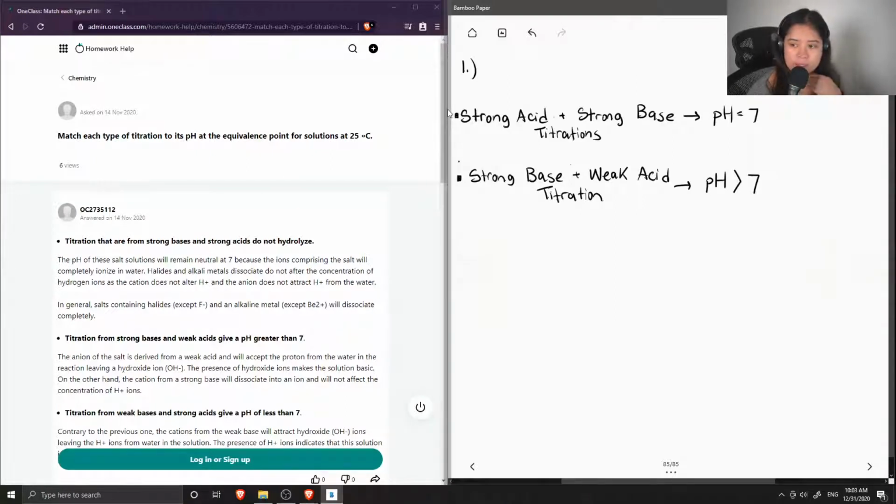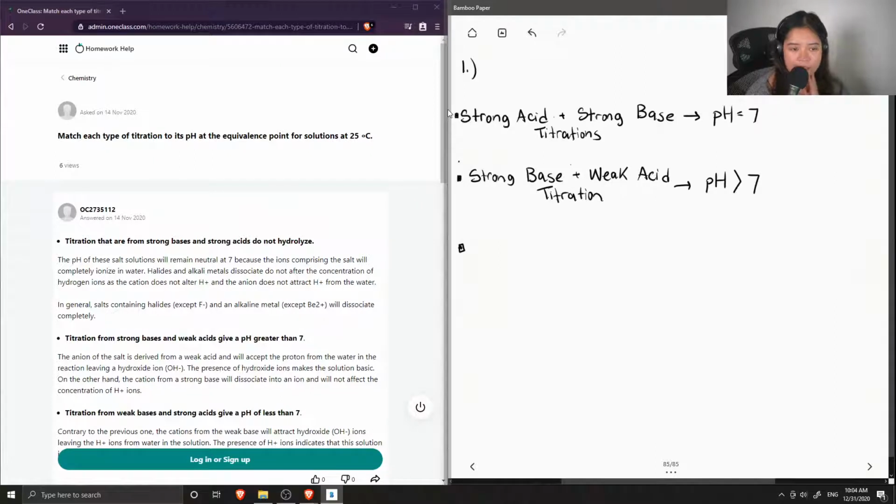So this is because when we have a strong base, it kind of overrides more of the pH compared to the weak acid, and bases have a pH greater than 7, then the same goes for our equivalence point. It will also be greater than 7.